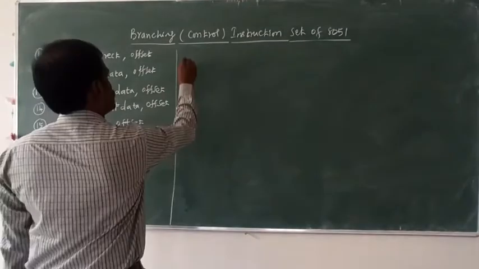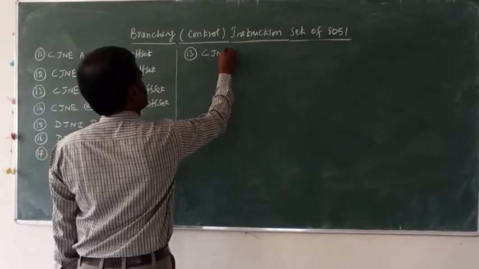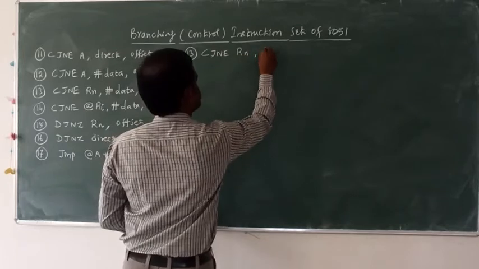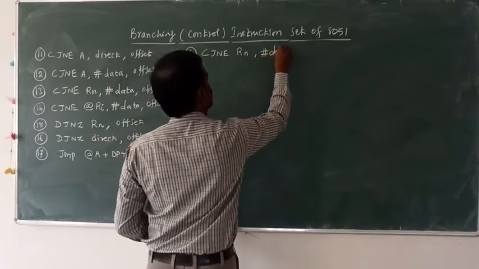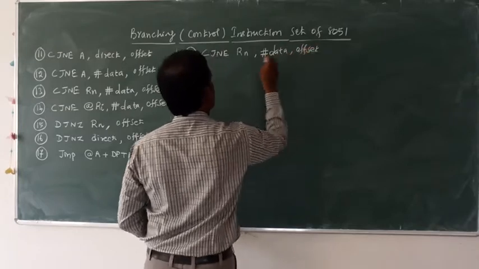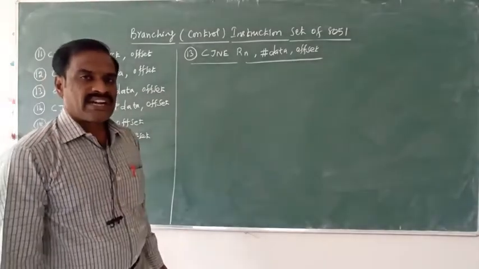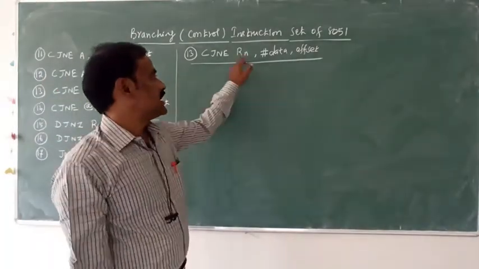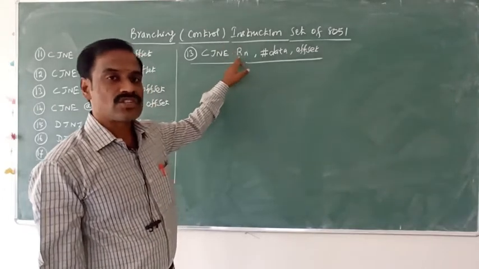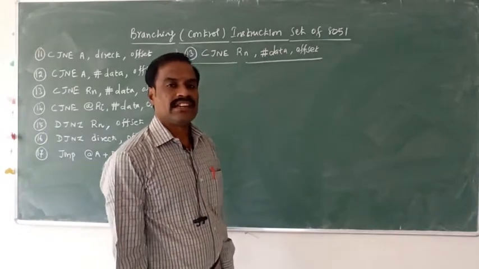Next, the 13th instruction, CJNE Rn comma hash data comma offset. This is also to compare the two data. Data 1 in a register, any working register R0 to R7, and the second data is immediately given 8-bit data.